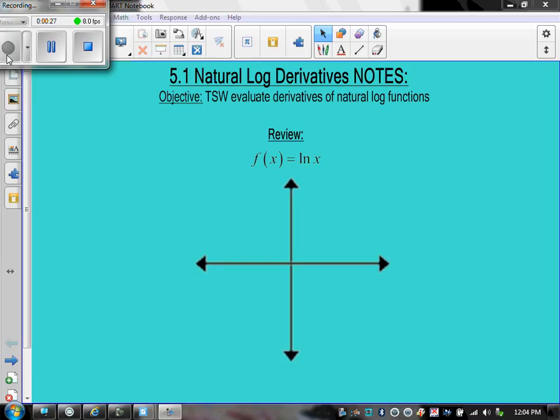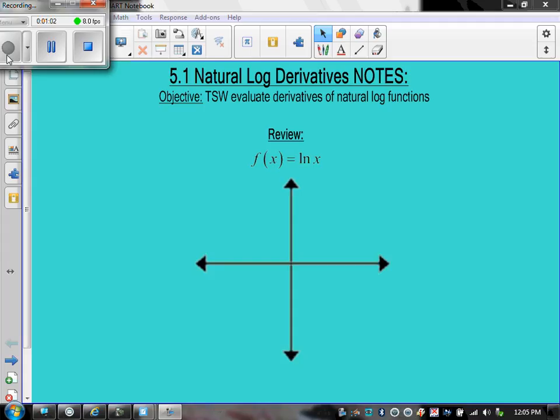We're going to do section 5.1, which is natural log derivatives. Natural log is an ln function. Let's first talk about the natural log graph and what it looks like and what certain values are, because natural logs will come up every so often on your test. It's important that you know what certain values are, because if this were a non-calculator question, would you be able to tell me what the natural log of 1 is, or what the natural log of 0 is, or what the natural log of 2 is, and then what happens if we get bigger than 2, stuff like that?